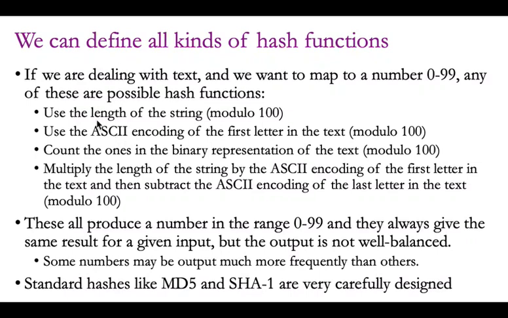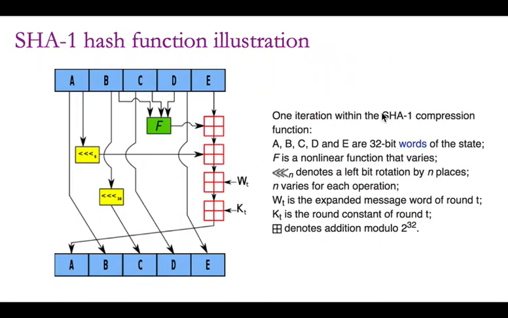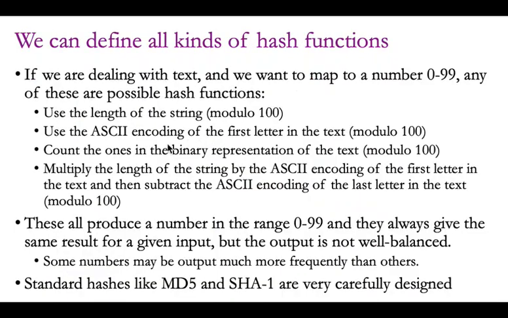So you could take the length of the string modulo 100, meaning you divide by 100 and take the remainder. You could take the first letter in the text, look at its ASCII encoding, and again divide by 100 to make sure it's within this range. You could count the number of ones in the binary representation of the text, and then divide by 100 and take the remainder. So if there were 994 ones in the input, then the output would be 94.